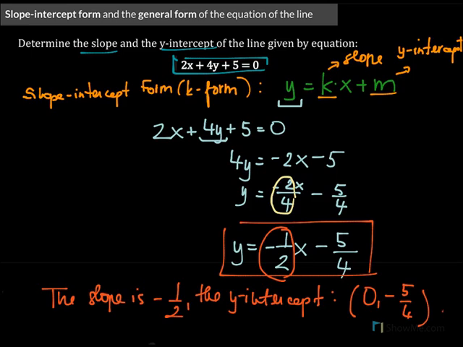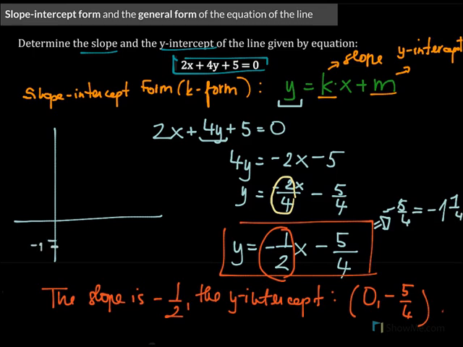Okay, if we did a diagram here, negative 5 over 4, that's minus 1 and 1/4. So if this is negative 1, this is where my negative 5 over 4 is, and the slope tells me that for every 2 steps to the right, we did this in the previous video, I go 1 down.